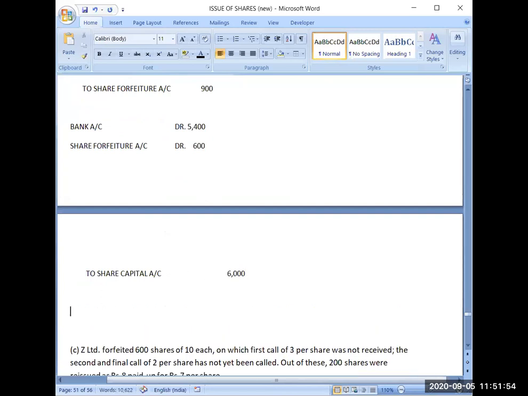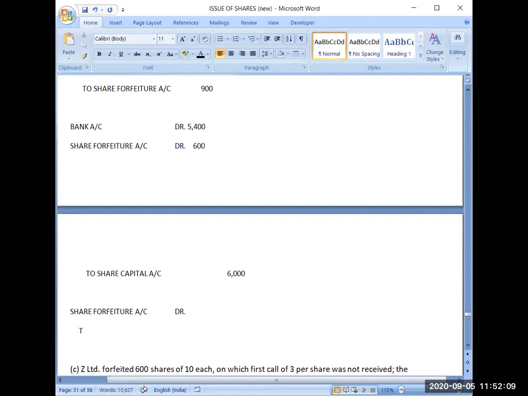Now, I want to calculate the capital reserve. Share forfeiture account debit to capital reserve account.